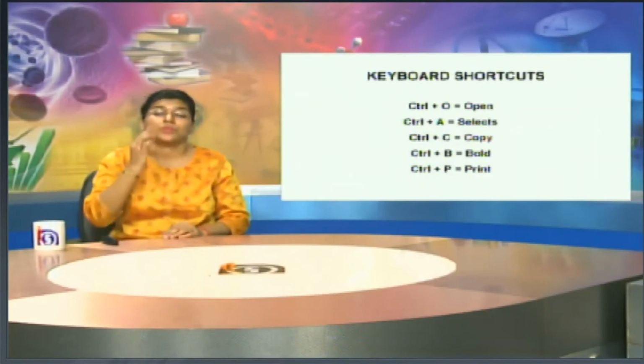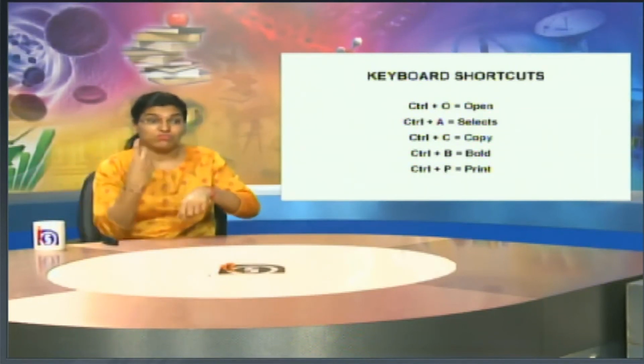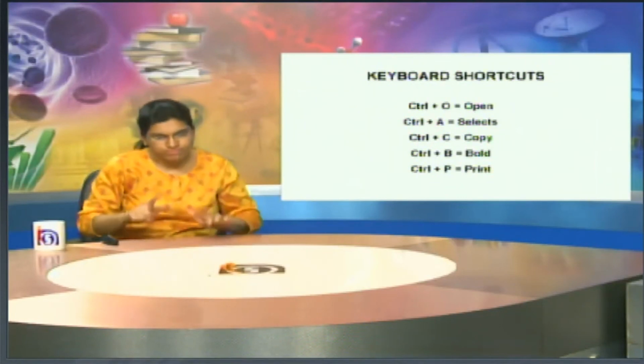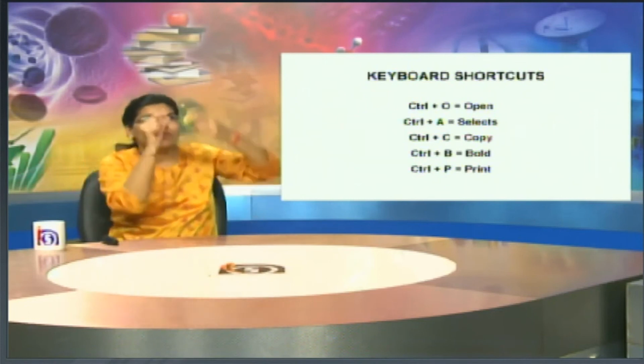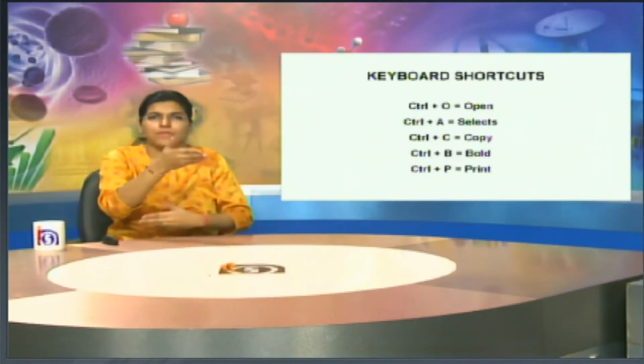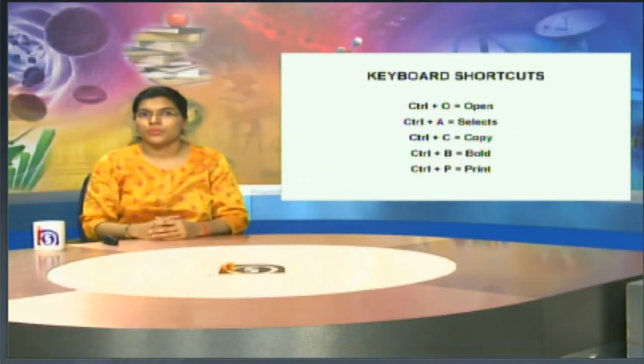So, this is very easy. All these shortcuts are very useful and you can make your work faster this way. There are more details about these shortcuts already in the book.